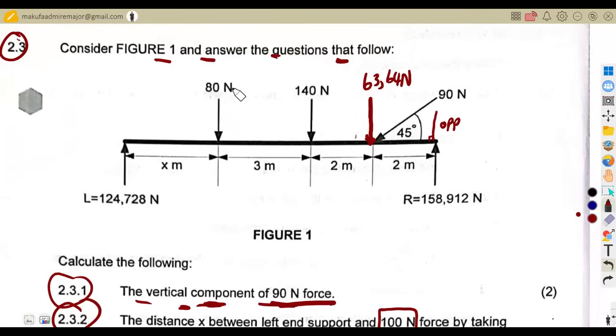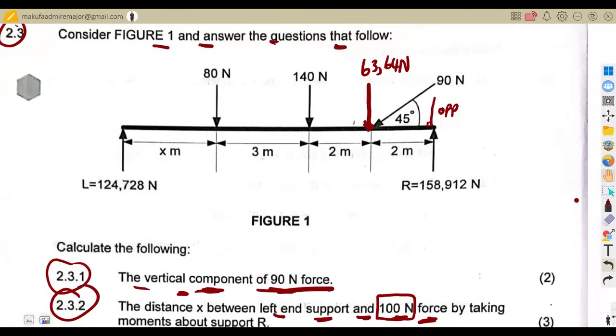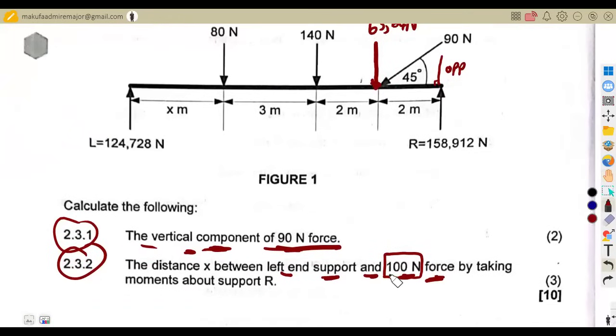So now we do not know, because the memo has not come yet, they might do the calculations using 100. Do you see now these errors that happen? Hopefully they are going to maintain the 80 Newton force, the one that we are seeing here.